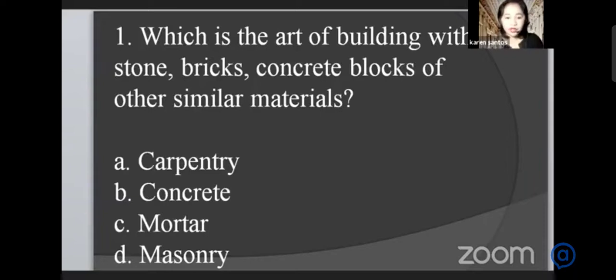For question number one: which is the art of building with stone, bricks, concrete blocks, and other similar materials? A. Carpentry, B. Concrete, C. Mortar, D. Masonry.